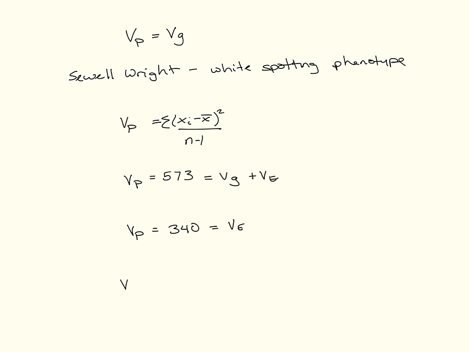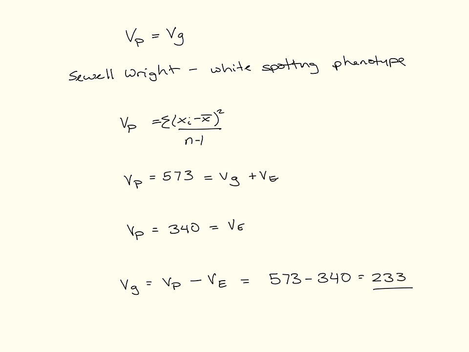So we're able to solve for the genetic influence as VP minus VE. And when he did this, he found that 573 minus 340 equals 233. So the variance due to genetics was calculated to be 233.